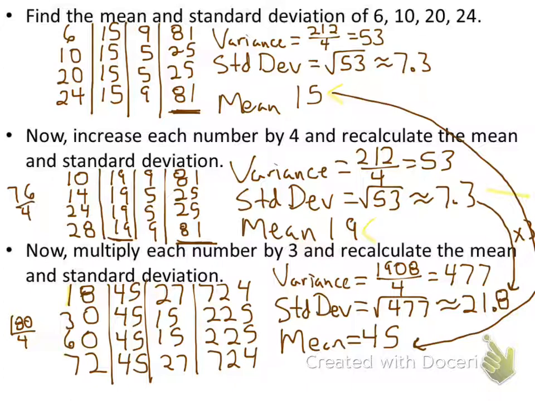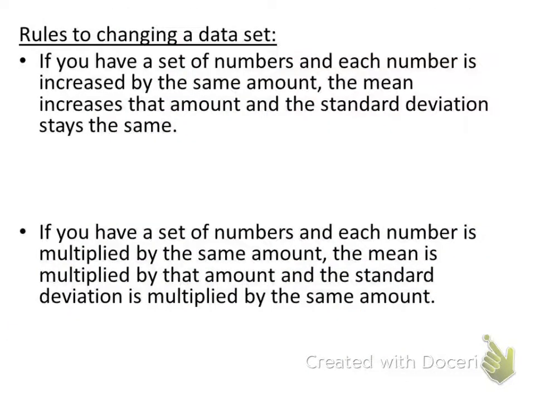Now, let's go to the next screen, and that'll maybe help us out. So, rules to change in a data set. If you have a set of numbers and each number is increased by the same amount, so we add, then the mean increases that amount and the standard deviation stays the same.